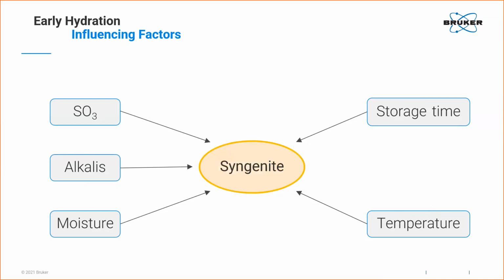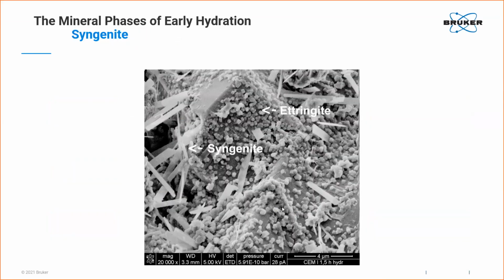And in most cases, we need to consider a phase which is called syngenite. So in the cement community, at least, most of the people already have heard the name. So this is one of the most prominent phases we need to consider. And if we look at this graphic, we see here a picture where we have syngenite.